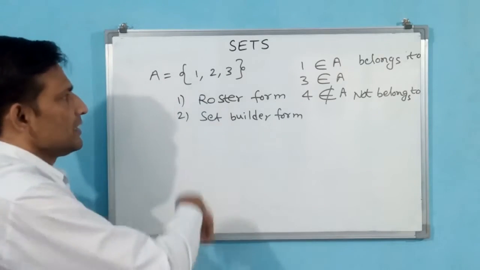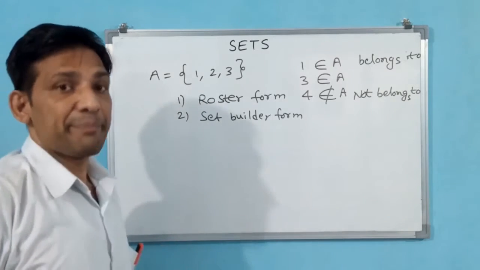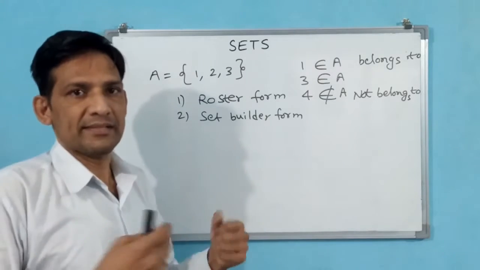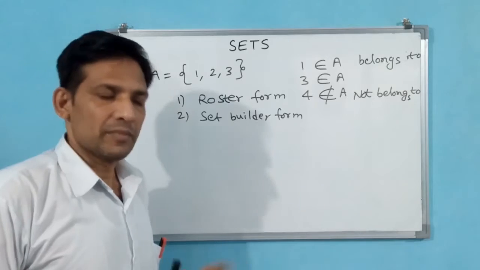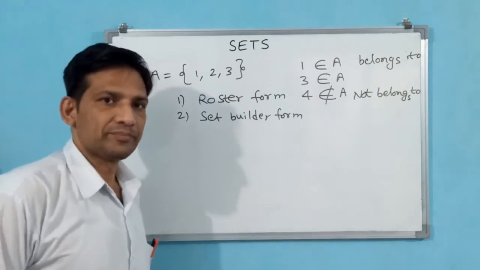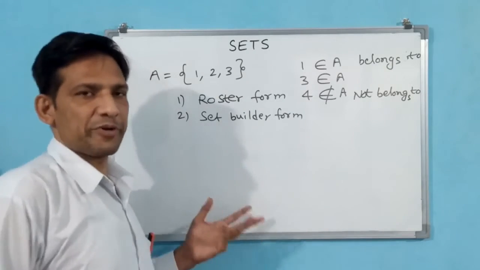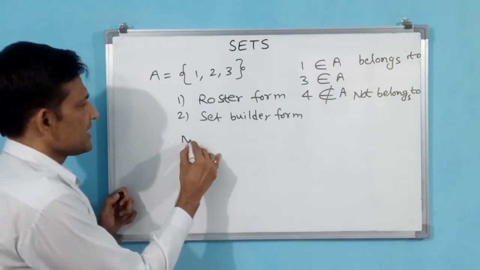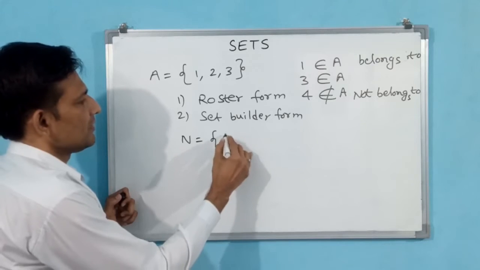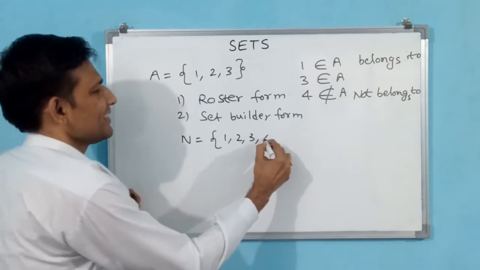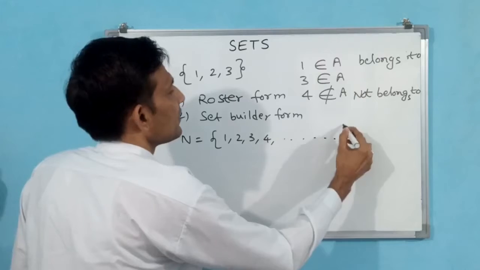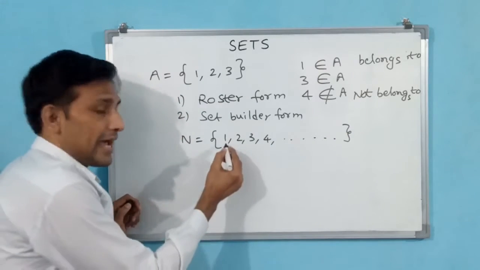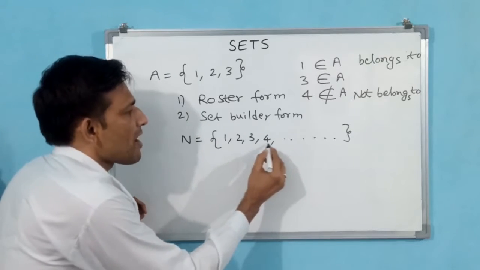Now we see the two forms of representation of sets. Representation means how to show, how to write in books or examination papers or whatever it may be. Like natural numbers, N = {1, 2, 3, 4, ...}. But you see, the elements should be separated by commas.